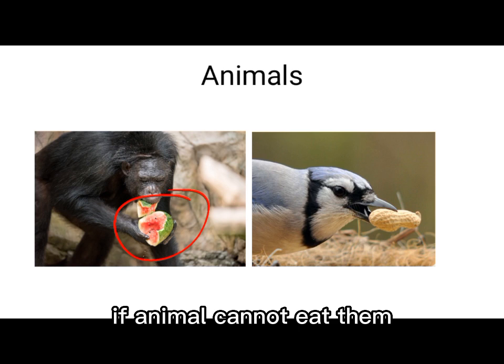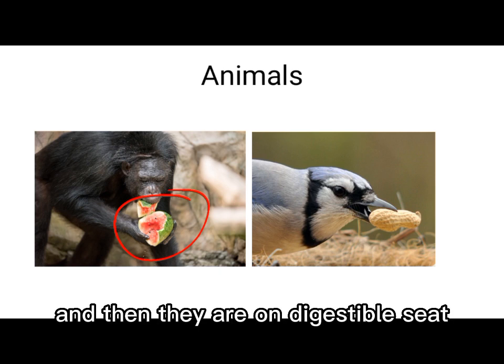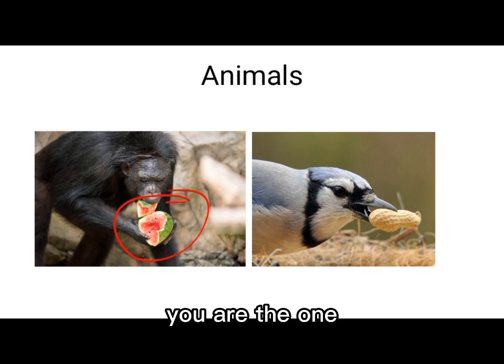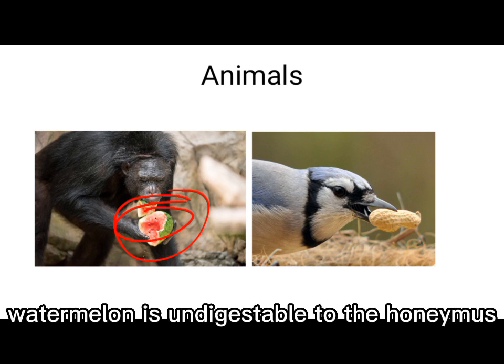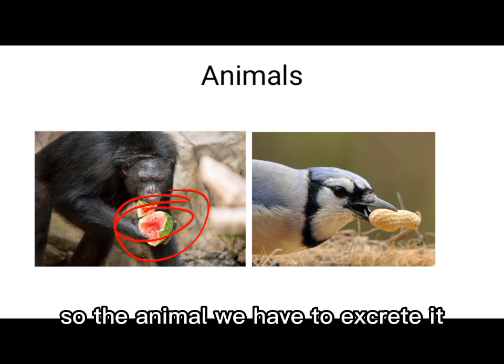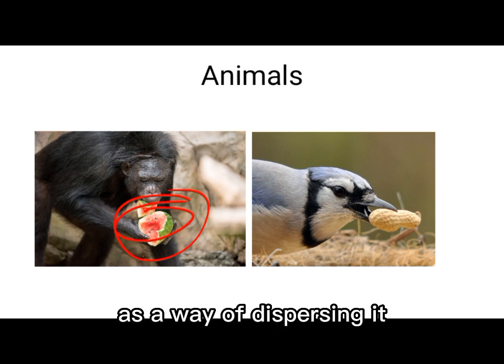If animals cannot eat them, they cannot disperse them. So they are edible to animals, and then they have undigestible seed, like the one you see here. The seed of watermelon is undigestible to the animals, so the animal will have to excrete it or spill it out as a way of dispersing it.